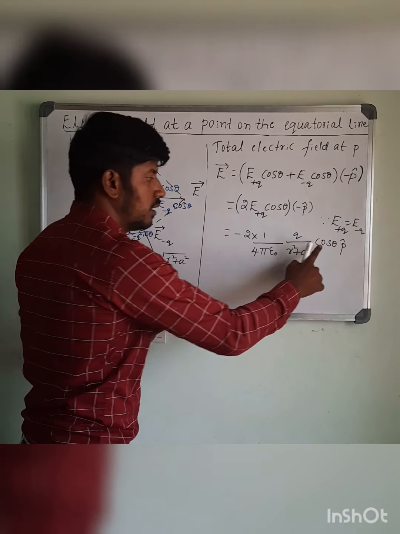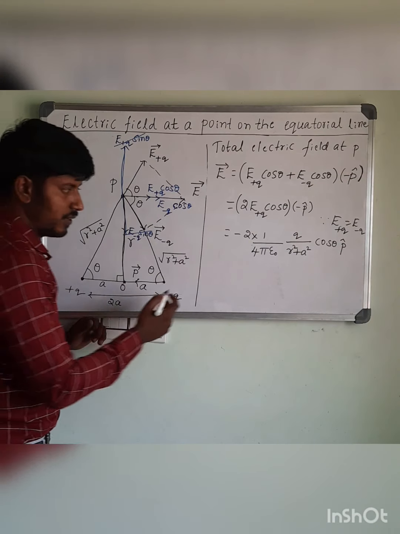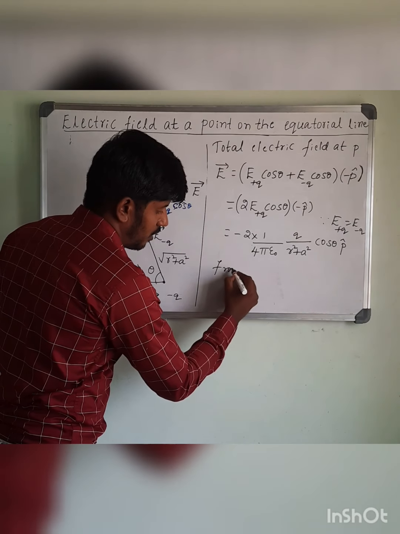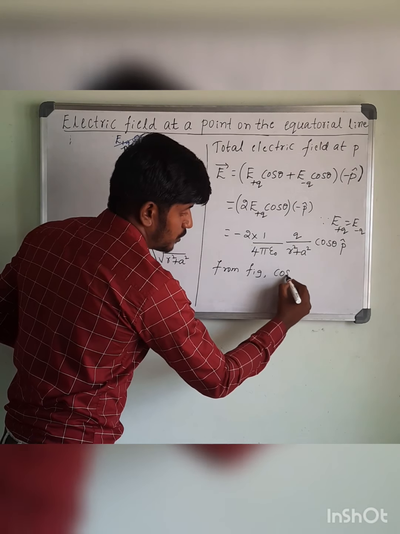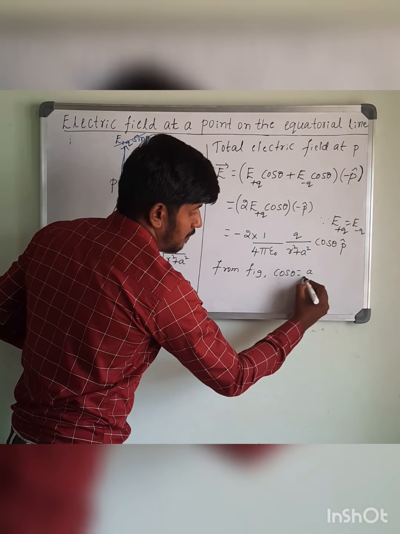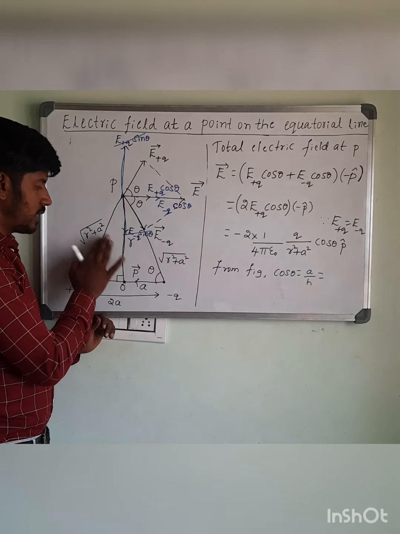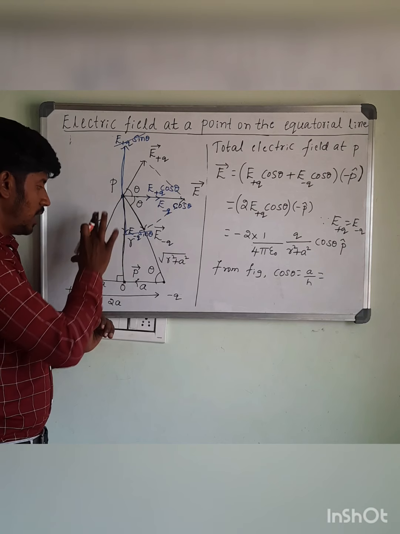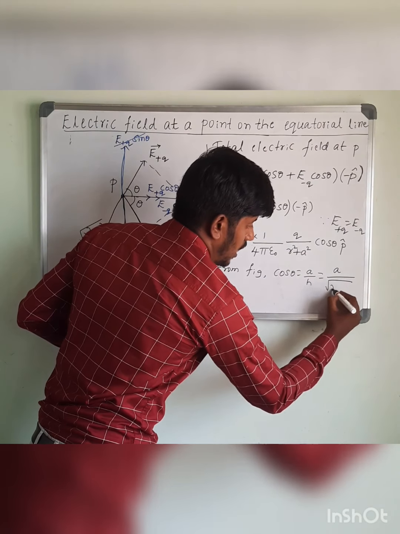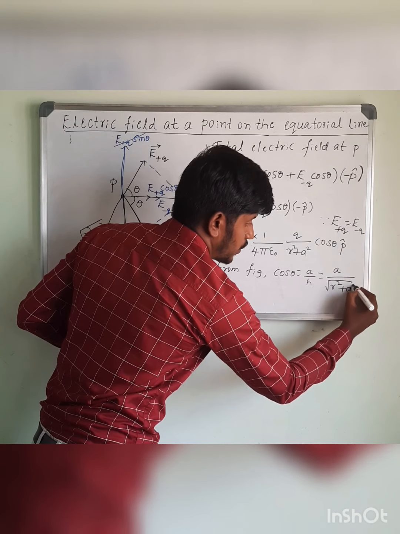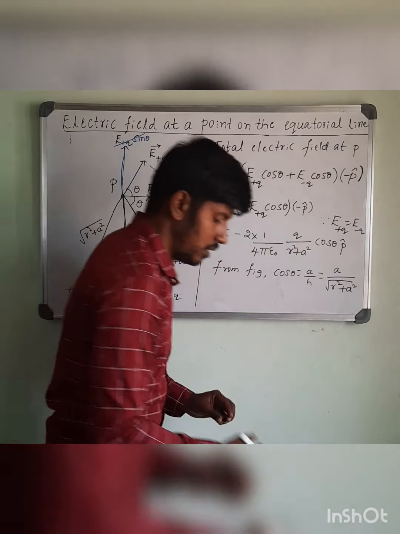Now find the cos theta value. To find cos theta, take the figure. Cos theta is equal to adjacent by hypotenuse. In this right angle triangle, adjacent is a, hypotenuse is root of r square plus a square. Substitute this cos theta value here.